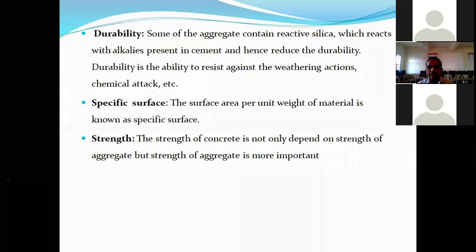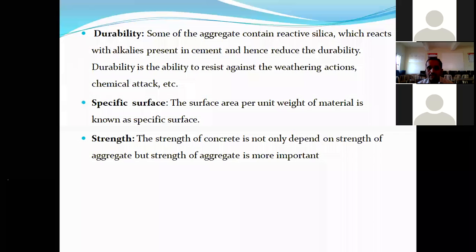Last is the strength. The strength of the concrete does not depend only on the strength of the aggregate, but the strength of the aggregate is most important, because we cannot say that if the aggregate has greater strength, then the concrete will have greater strength. The concrete is made up of all the ingredients like cement, sand, aggregate, and chemicals, etc. When all these ingredients have greater strength, then only the concrete will be produced with high strength.